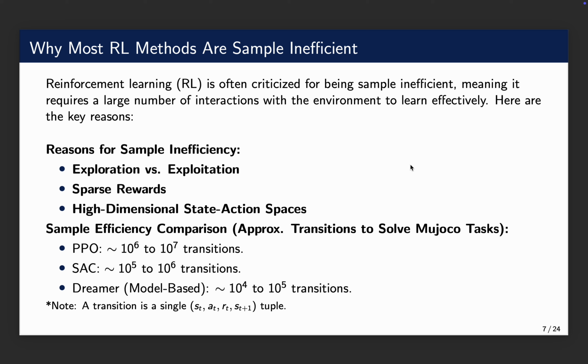You can think of it as the dichotomy between going to your favorite restaurant versus trying something new out. You would have to balance this. And ideally, if you want to find the best food that is out there, you would have to do a lot of exploration, which takes a lot of time, which here translates to a lot of samples. Another problem is sparse rewards.